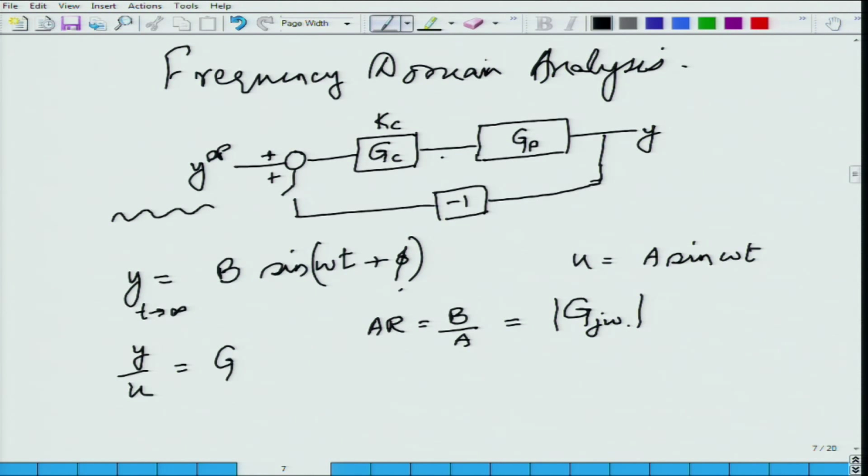Similarly, the phase lag or phase shift is given by the angle of g j omega.